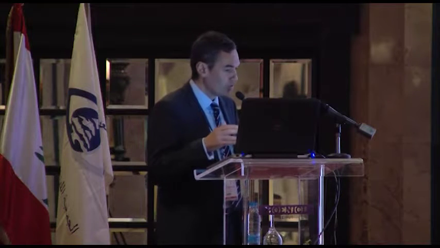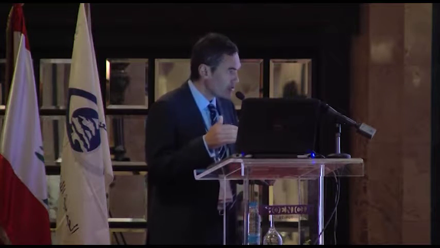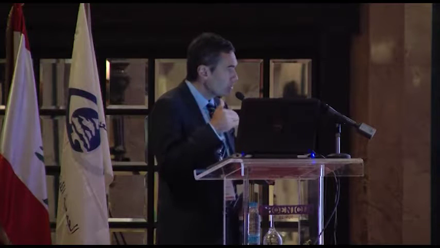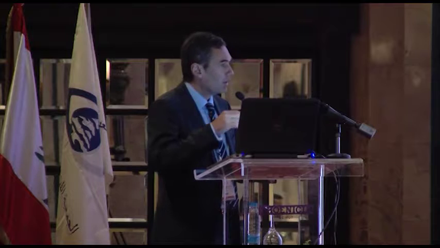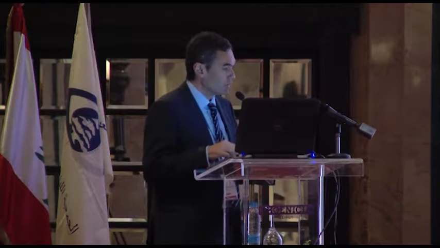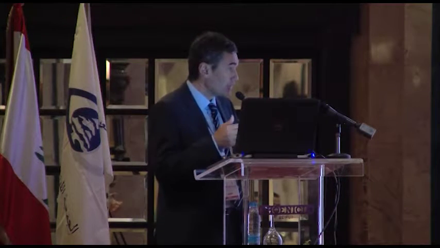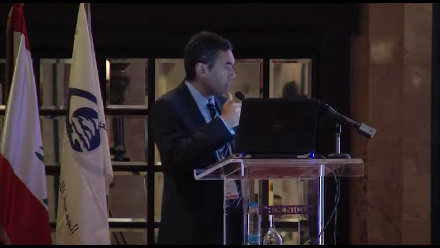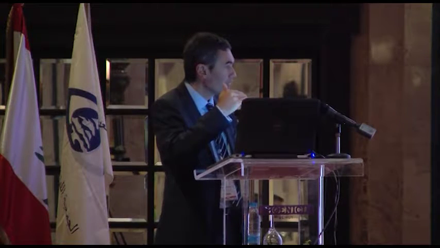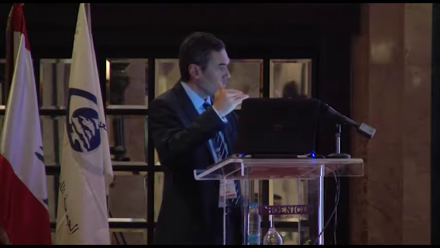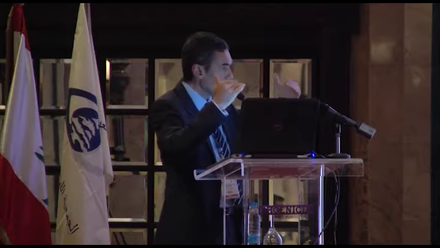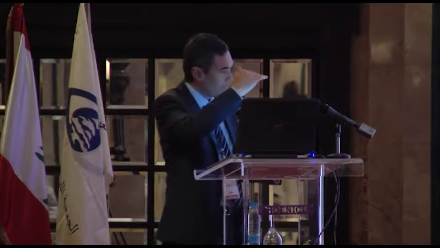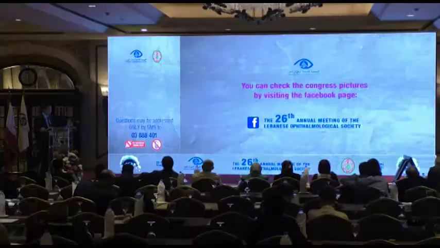So you have to inform the patient that another injection is possible, and if necessary, surgery once stable. Botox is very efficient when you don't have stability of the disease, of Graves' disease, because, as you know, the retraction should move toward the perfect stability of the inflammatory disease.